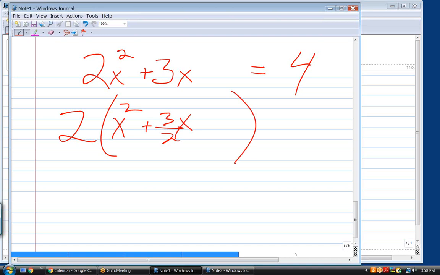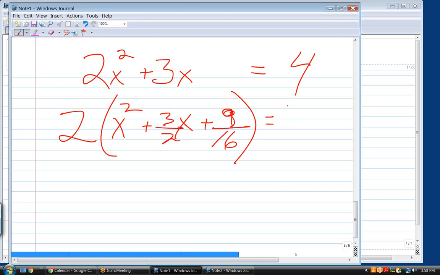So I haven't changed anything. Now what am I going to add here? First you divide by 2 and then you square. So it's 3/4 squared or 9/16.